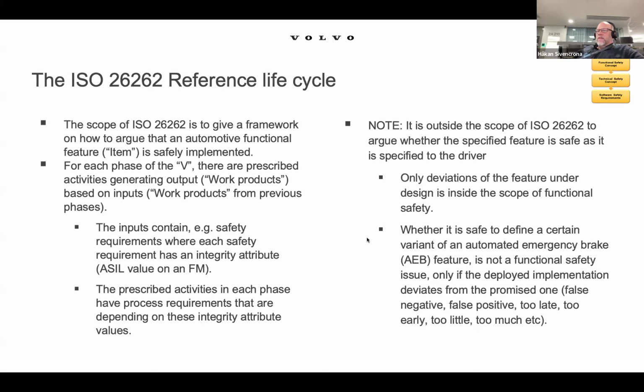The ASIL is on the failure mode that can cause the hazardous event, that is, the car leaving the road, not seeing an obstacle and things like that. We also understand that you need to have certain argumentation why we should believe this activity has been fully carried out. Process requirements, we call it.